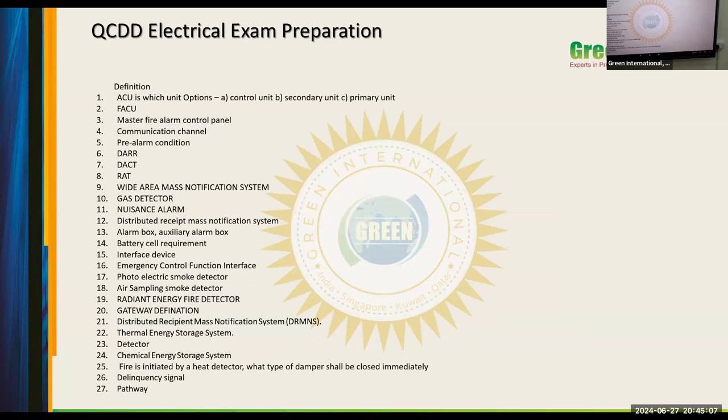I hope you are able to find the answers here and there. We have definitions here. In the definitions, find the answer for this question, because this question was asked in my exam and I found the answer in the last 10 minutes.